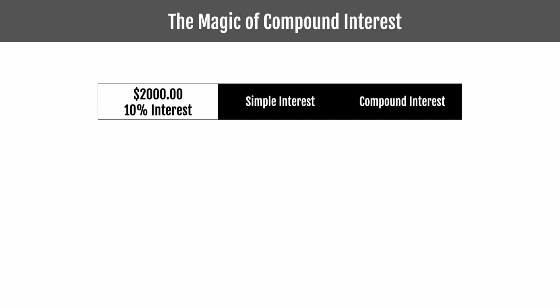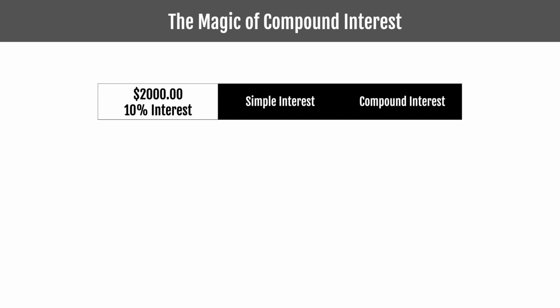For the first year, you multiply it by your interest rate. But in the second year, with compound interest, you calculate interest off of the total amount of money you had last year plus the interest. So we'll see in this example.